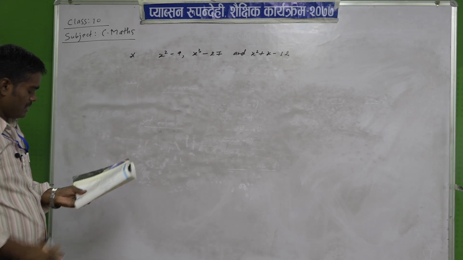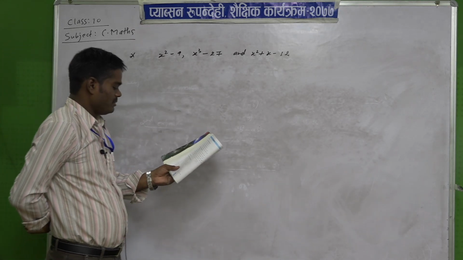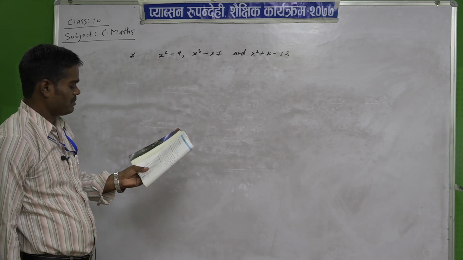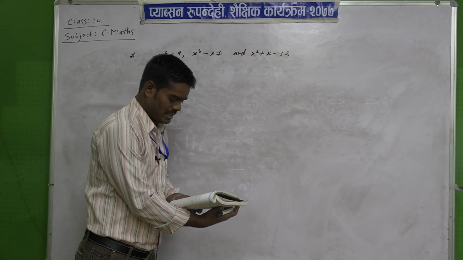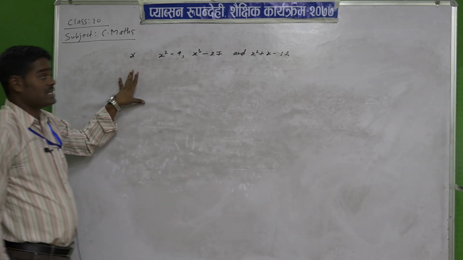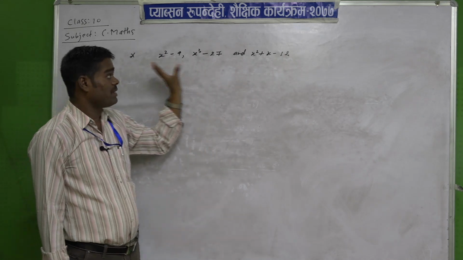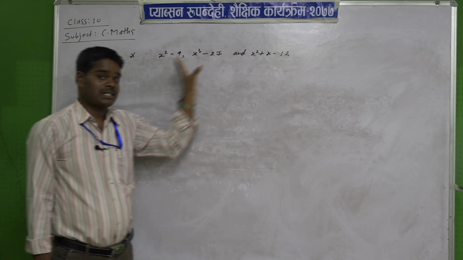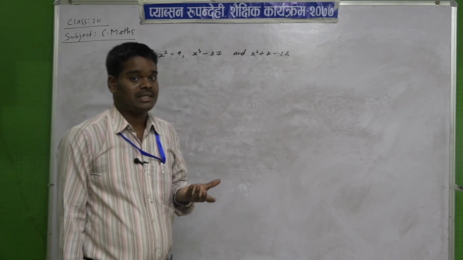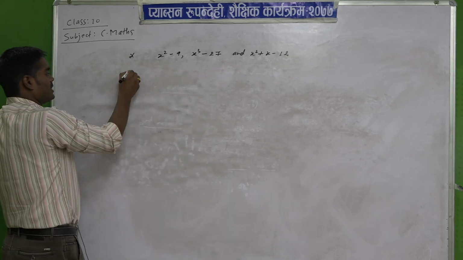Again see, x square minus 9, x cube minus 27 and x square plus x minus 12. See there, how many expressions are given here? 3 expressions. So, we have to find out the SCF of these expressions. So, how to find out? Like before, firstly you have to factorize each of the given expressions.